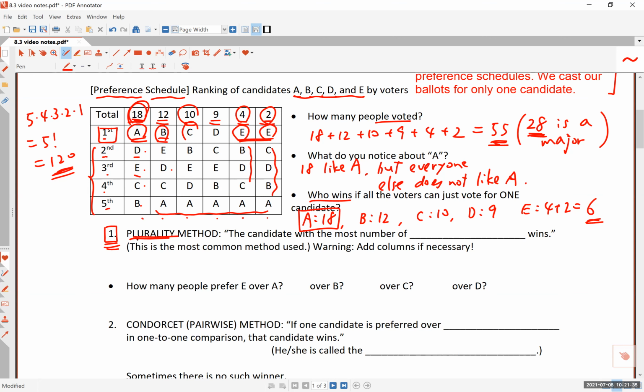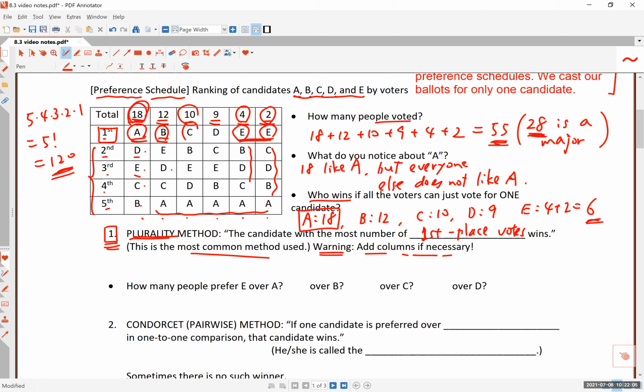The candidate with the most first place votes wins. If you decide that the candidate with the most first place votes wins, that method is called the plurality method, the most commonly used method in the US. Warning: make sure you add columns if necessary.